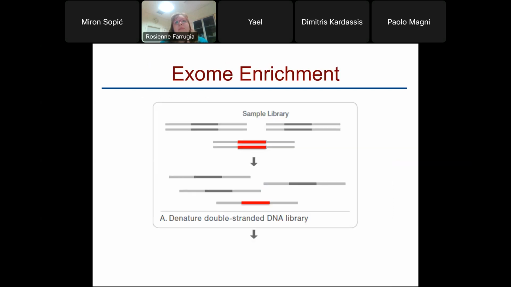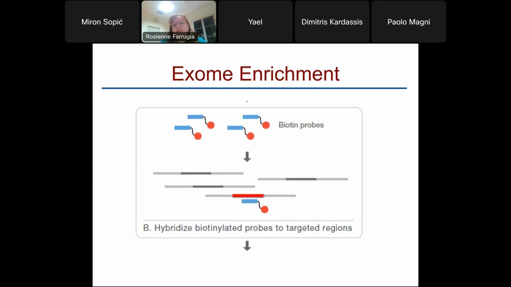In that step, the first thing to do is to denature your DNA. You get it into single strands, and then you use synthesized probes, which are complementary to your regions of interest. These hybridization probes are all labeled with biotin.